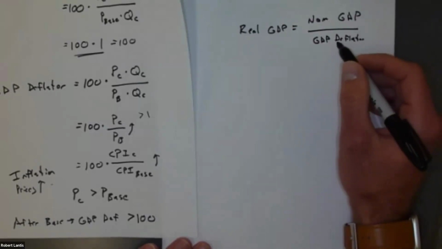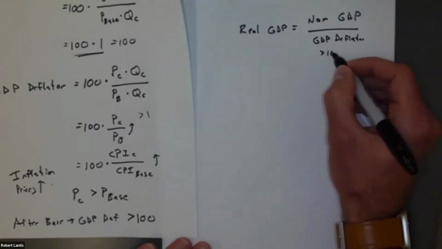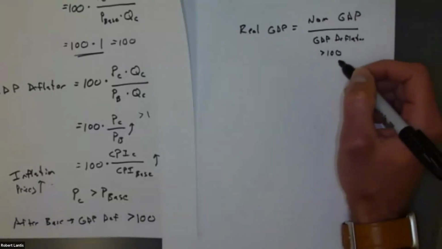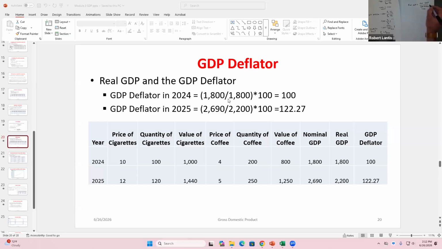So if my GDP deflator is greater than 100 here, and I think one of the things that I left off here, technically to be correct, I'm also multiplying by 100.